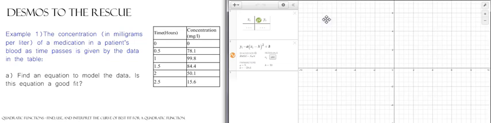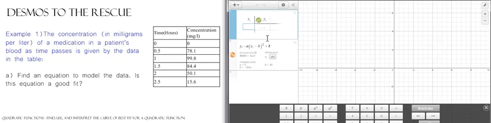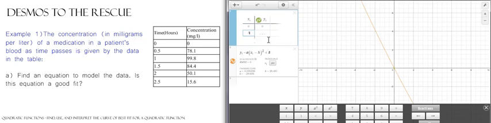So the first thing you do, once you have this tool pulled up, and I will give you a link for it each time you need it, is that you take whatever data is in the table and enter that into your table in Desmos, and you can just type that in. So here's some good theater, watching a guy type in numbers. Woo! Try not to have too much fun here.